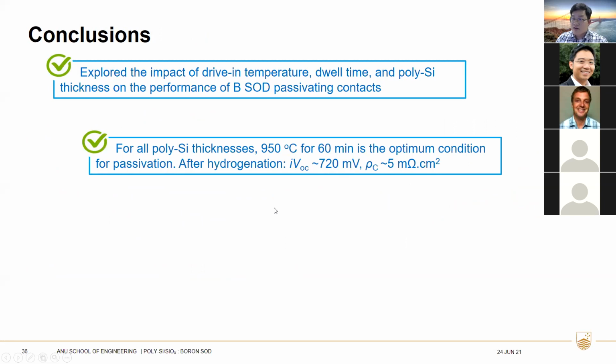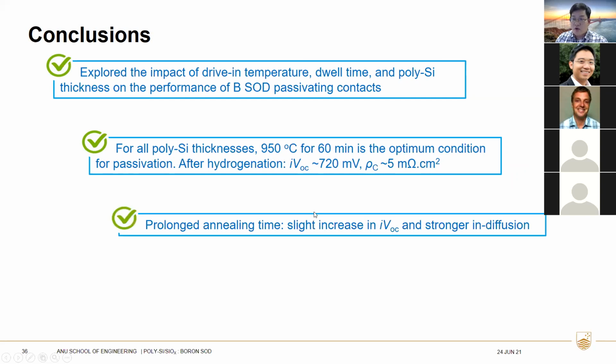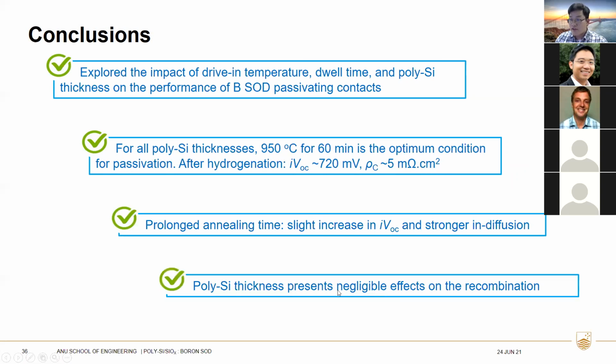After the hydrogenation, we can reach an iVoc of around 720 millivolts with contact resistivity as low as 5 milliohm centimeter squared. Prolonged annealing time shows a slight increase in iVoc and stronger in-diffusion. And finally, the polysilicon thickness here presents negligible effects on the recombination.